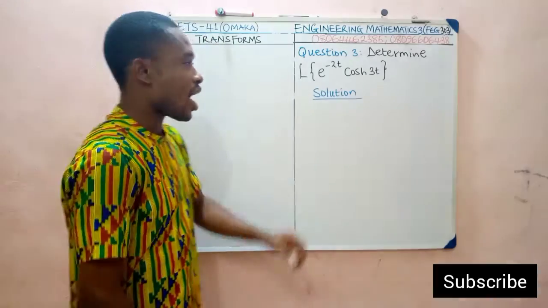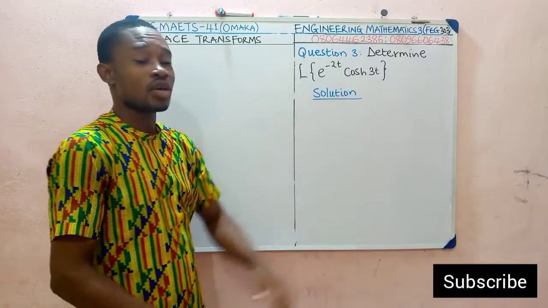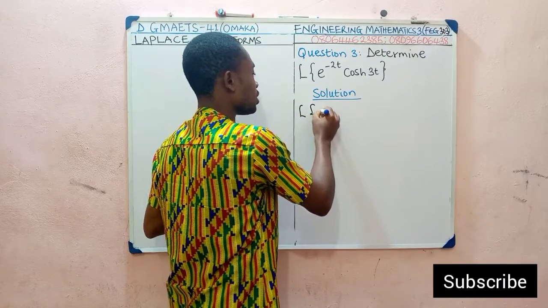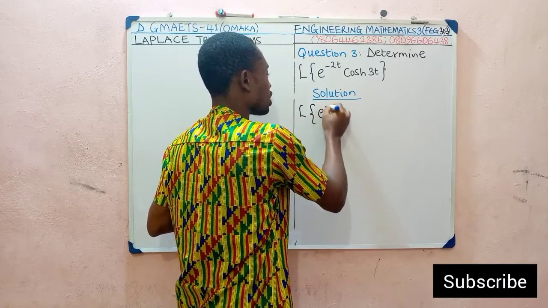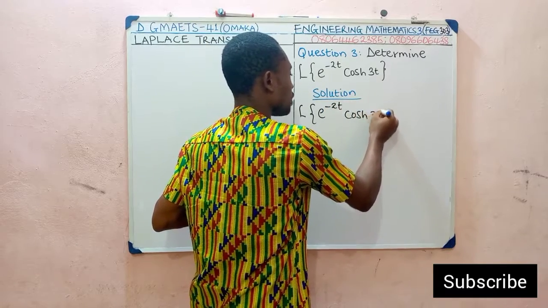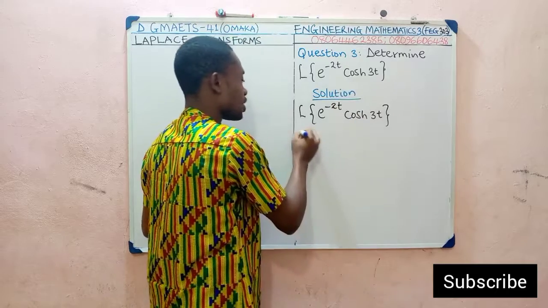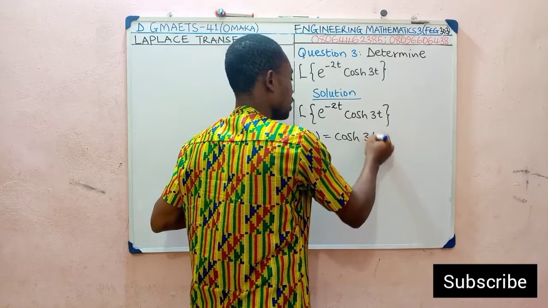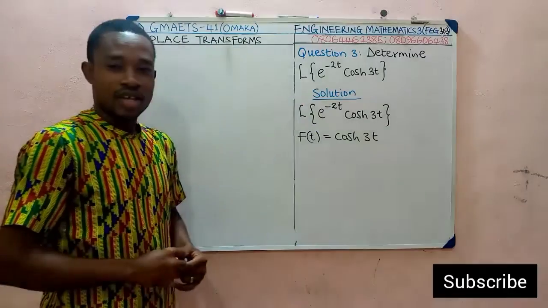So we're going to take this hyperbolic function as our f of t. Let me write that out first. We have to evaluate Laplace of exponential minus 2t cos 3t. So we're going to say that f of t is equal to cos 3t. Is that okay?